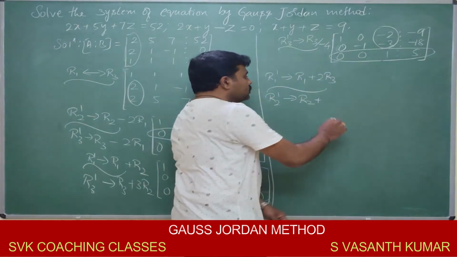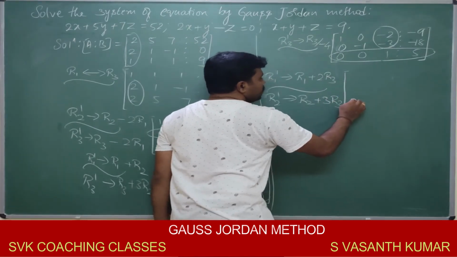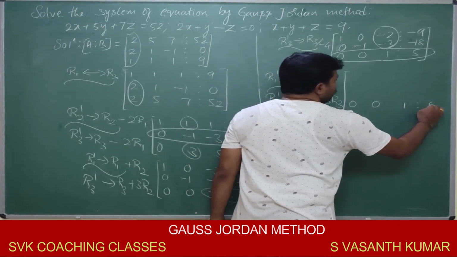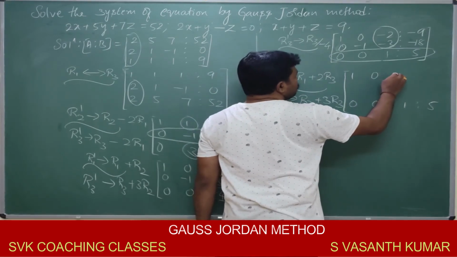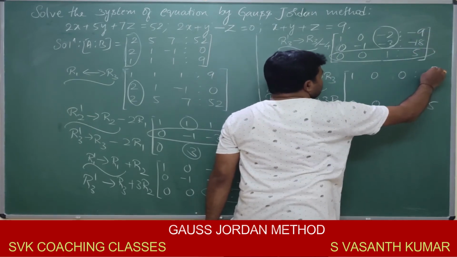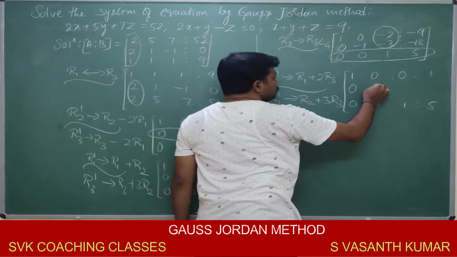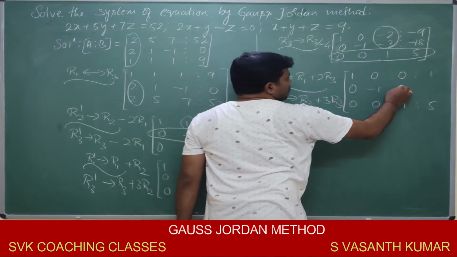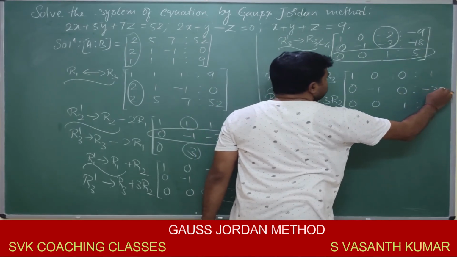So the constant row, the third row, is not disturbed: 0, 0, 1, 5. The first row is 1 plus 0 is 1, 0 plus 0 is 0, minus 2 plus 2 is 0, minus 9 plus 10 is 1. Next 0 plus 0 is 0, minus 1 plus 0 is minus 1, minus 3 plus 3 is 0, minus 18 plus 15 is minus 3.